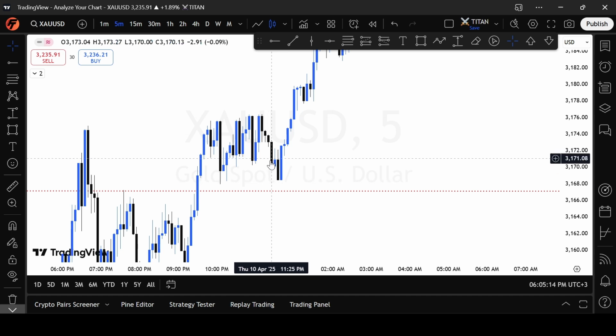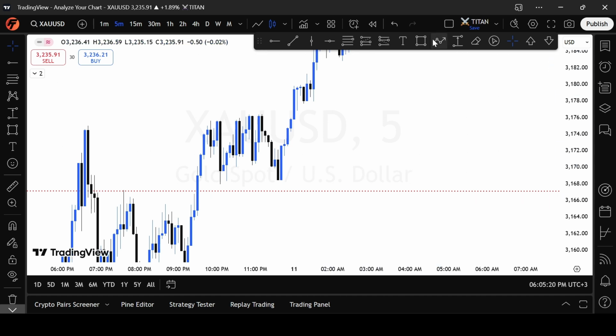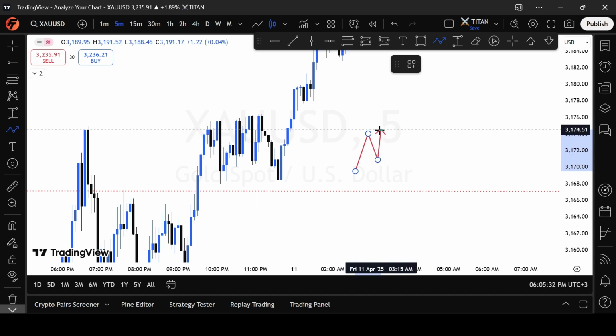Even though price might not come back to these areas, price tends to create new ones. So in order to get into buy positions, I want to see flip levels on the 5 minute and probably the 15-minute time frame.